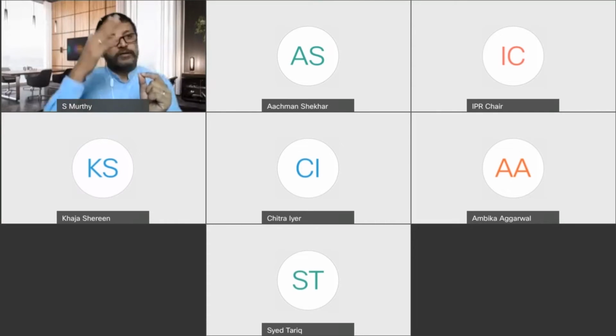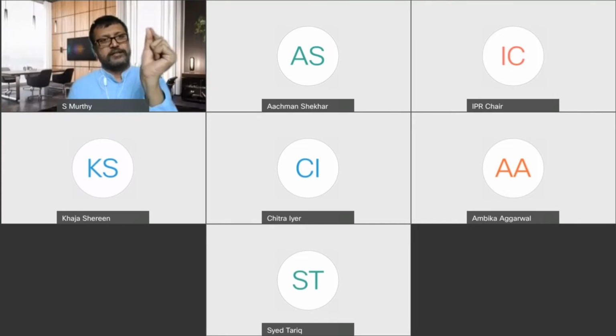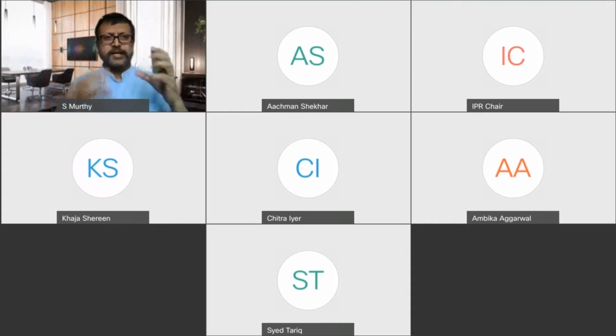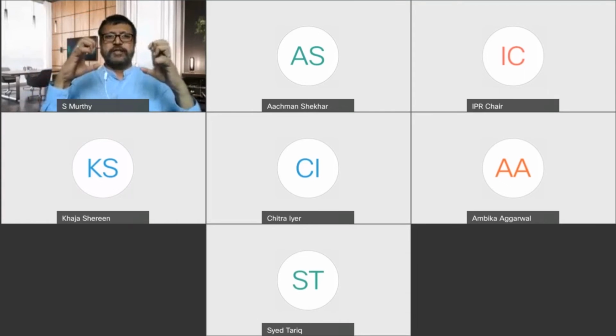You might come up with 100 much better solutions, but they are not feasible in the marketplace because it is locked into the standard, right? This is one major difference between standard essential patents and conventional patents.